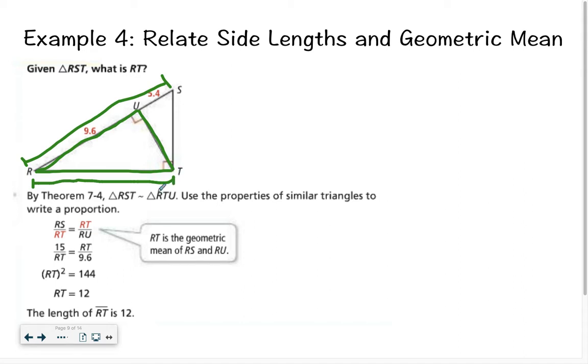So RS over RT equals RT over RU. Then I can plug in my numbers, 15 and 9.6, and I don't know what RT is. That is what I'm solving for. So 15 times 9.6 is 144, and if I take the square root of that, I get 12. So the length of RT is 12.